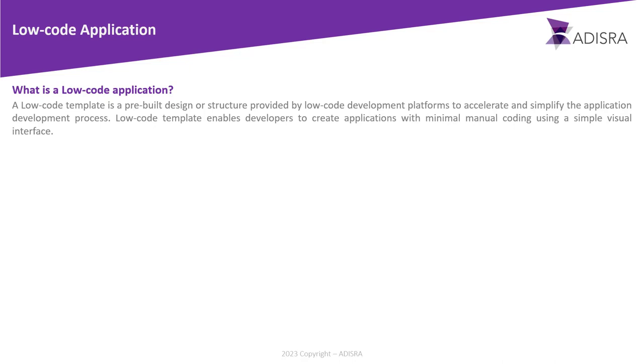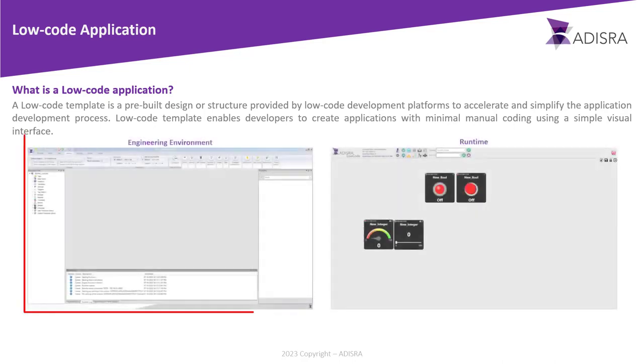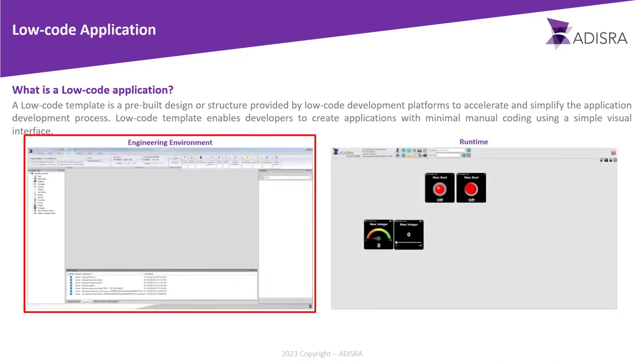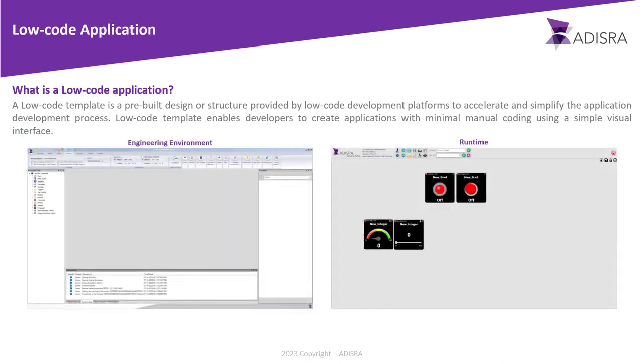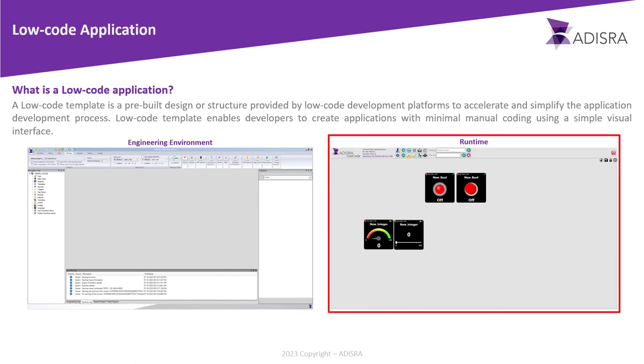These templates contain pre-configured elements, user interface components, and logic, allowing users to customize and extend the application to meet specific business requirements. The Lowcode template I will present was developed using the ADISRA SmartView engineering environment. ADISRA SmartView has a unique feature that allows users to build templates and customize them at runtime.